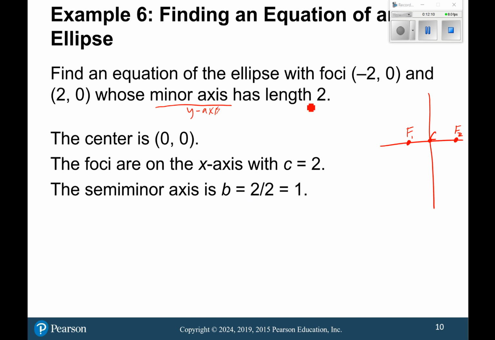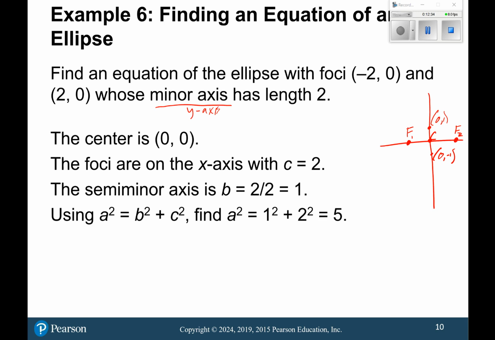If the minor axis has an entire length of 2, that means the value for B is only going to be 1. We know that C is 2. We know that B is 1. With our lovely equation here, we can figure out A squared: 1 squared is 1, 2 squared is 4, 4 plus 1 is 5. A squared is 5.